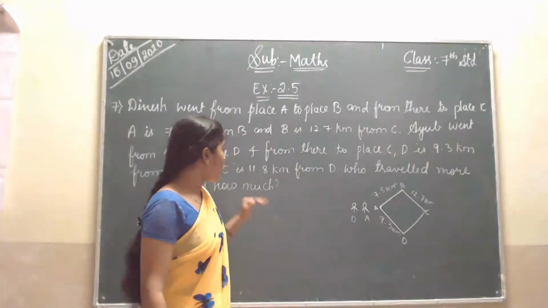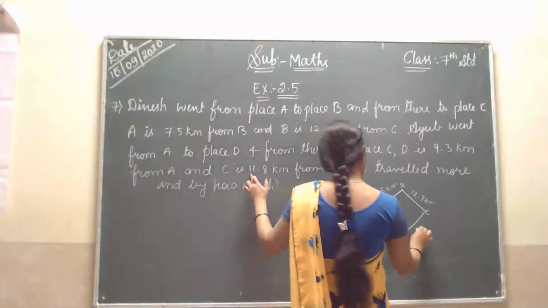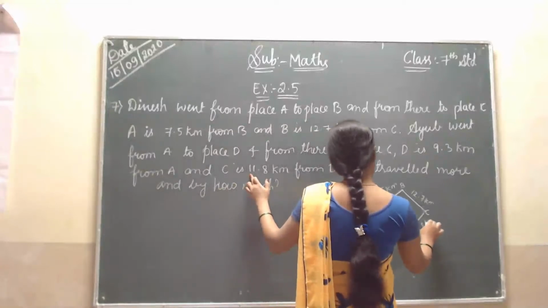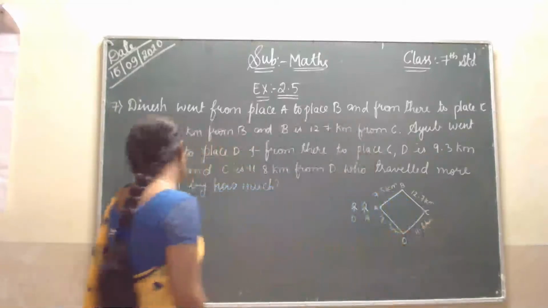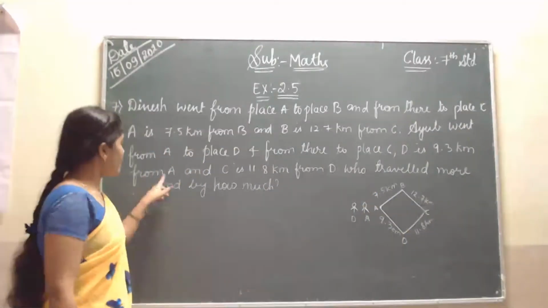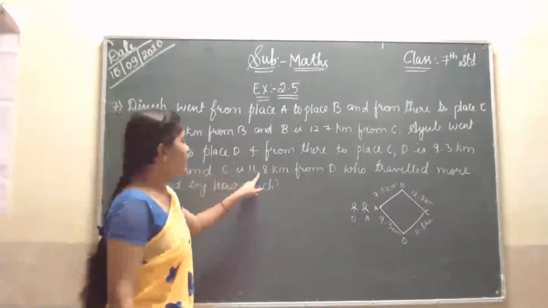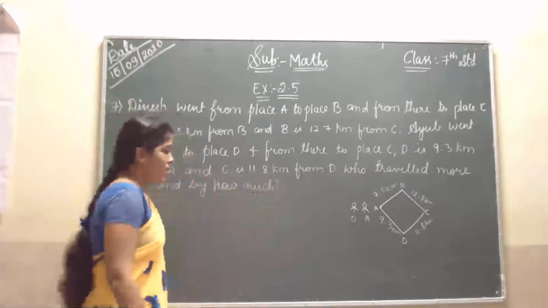From D, Ayub is going to C, 11.8 kilometers. See here, D to C is 11.8 kilometers.